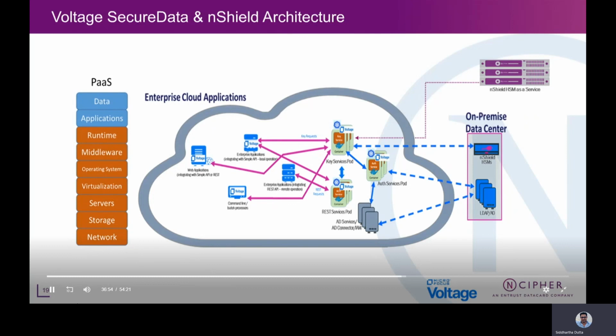So now secure data is broken down into microservices that are containerized and can be orchestrated using Kubernetes and Helm charts. And you can treat it as any other business application and tie that back to your CI/CD and DevOps pipeline and manage infrastructure as code. You get the ability to spin up as many containers as you want, to scale up and scale down.